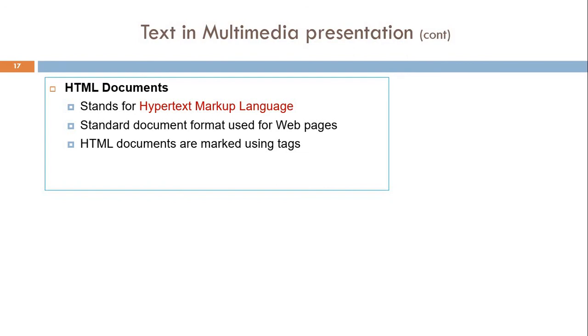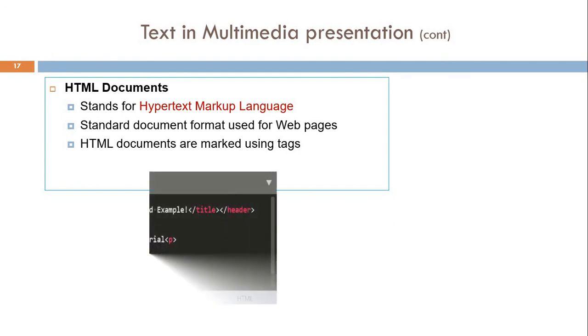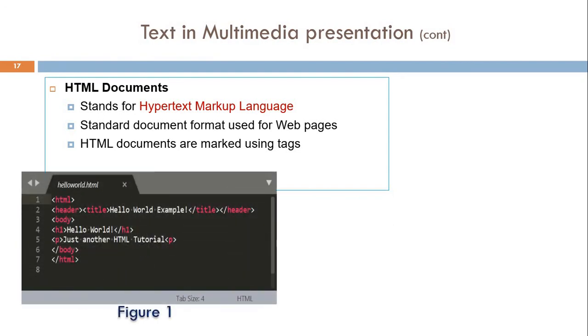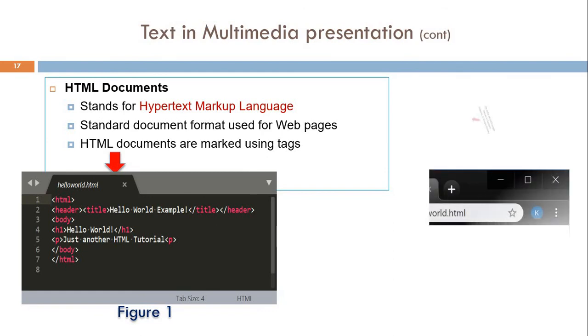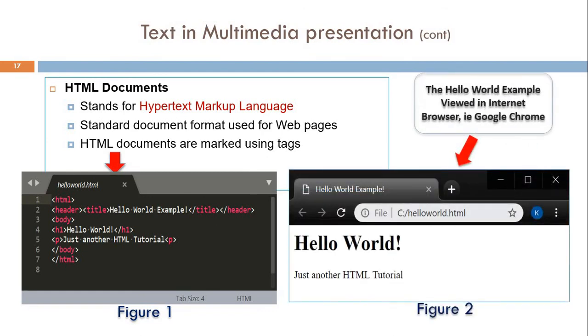HTML provides a means to create structured documents by denoting structural semantics for text such as headings, paragraphs, lists, tables, links, quotes and other items for web pages. Figure 1 shows an example of an HTML document in a code editor. And Figure 2 shows a simple web page, a Hello World example that you may view in any web browser.